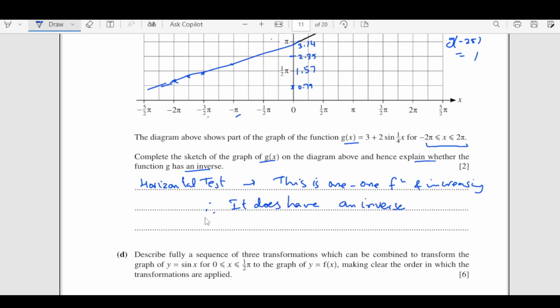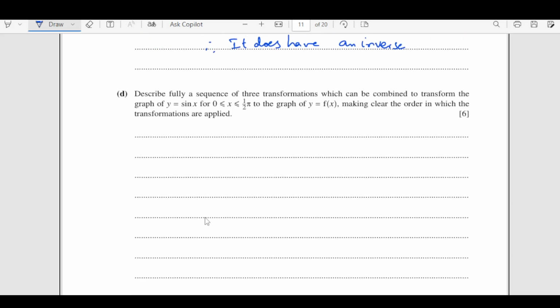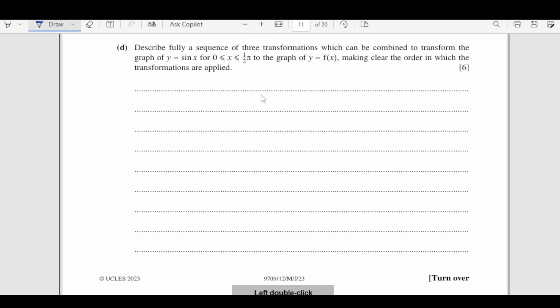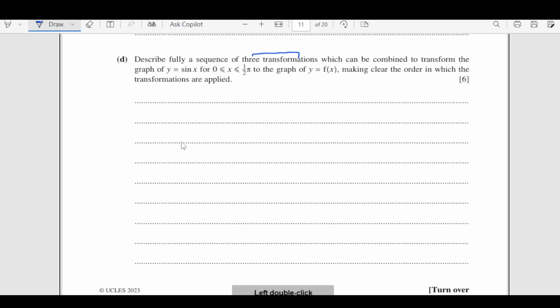Now next, part D: describe fully the sequence of 3 transformations which can be combined to transform the graph y equals sin x to y equals f(x), where f(x) is 3 plus 2 sin(1/4 x).